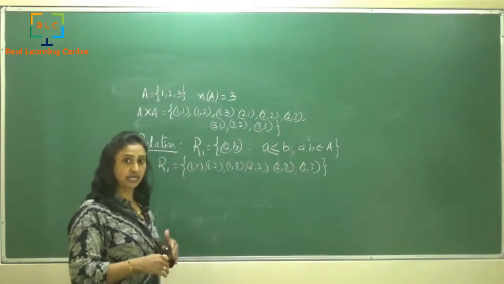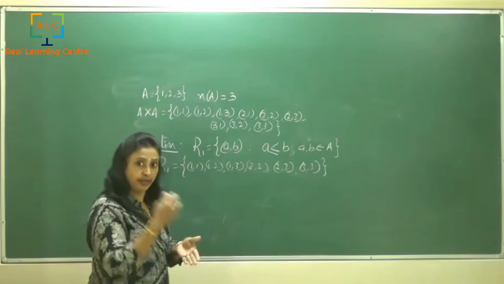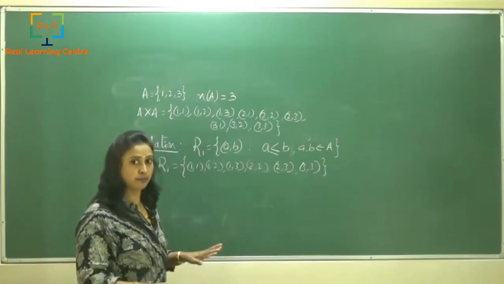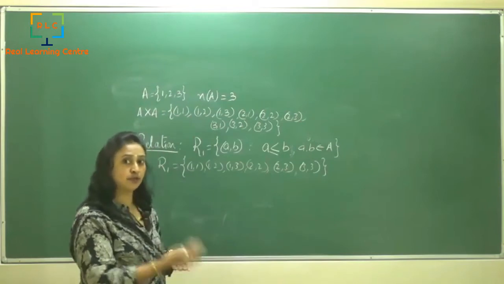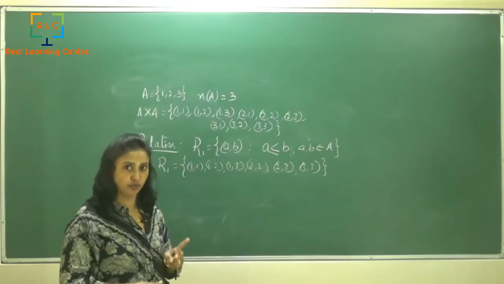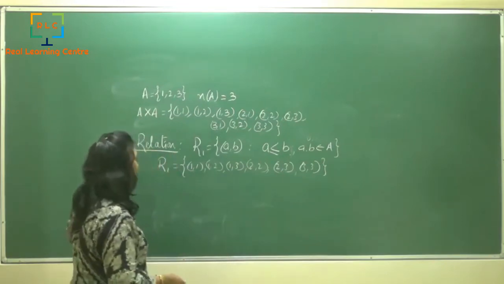So see, the Cartesian product has any kind of pairing from one set to itself or one set to another set. It will have all possible pairings. Out of that, if I choose certain pairs which satisfy a condition or a rule, then we get a relation.